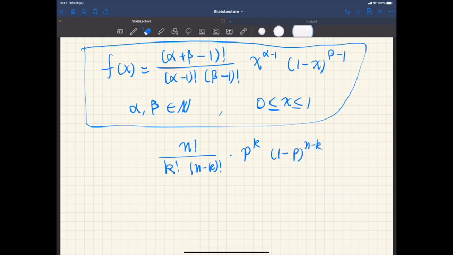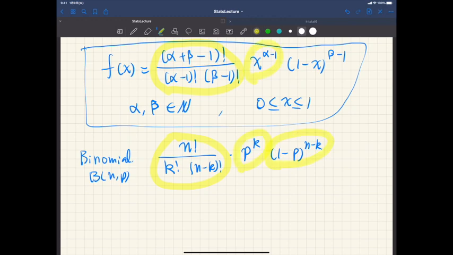So this is the binomial distribution, B(n, p), right? So this part looks similar to this part, and this part looks similar to this part. And actually this similarity turns out to be very convenient when we deal with Bayesian inference that we will study in a later chapter.